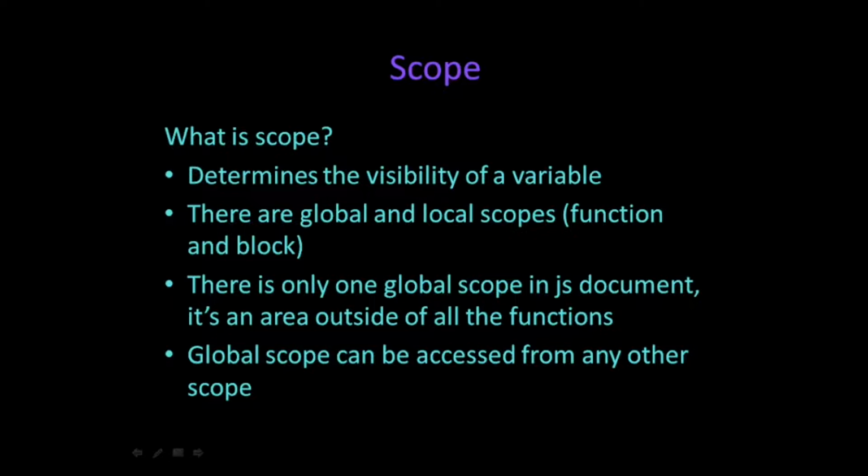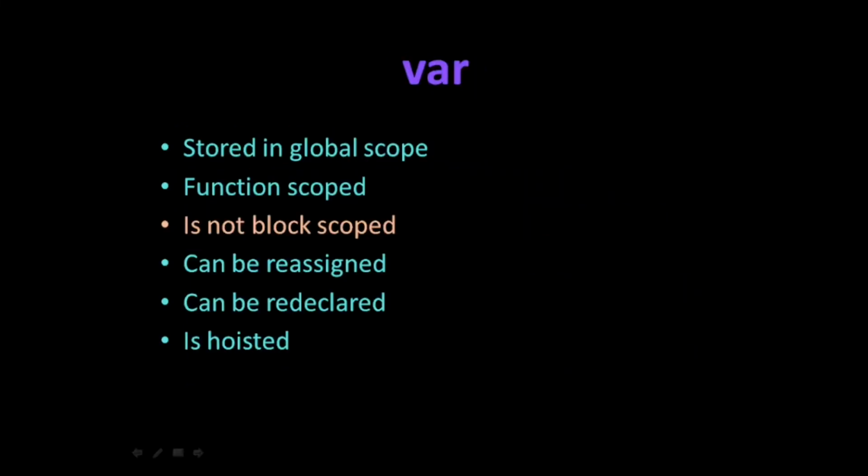Global scope can be accessed from any other scope. Variable var is the only variable which is stored in global scope. It is also function scoped, is not block scoped like the other two variables, and can be reassigned, can be redeclared, and is hoisted.